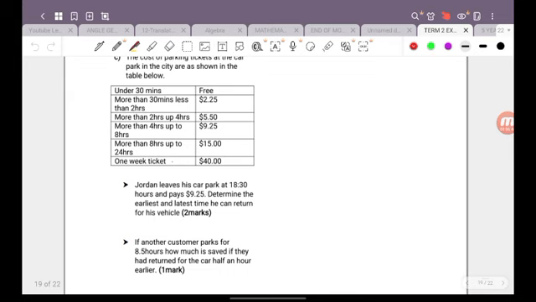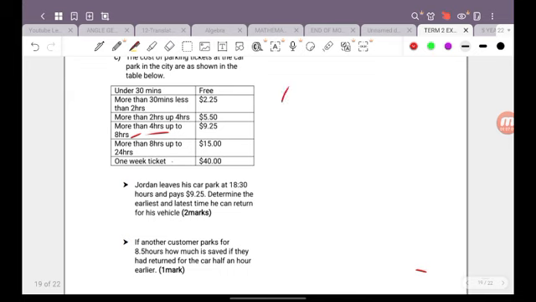Now we are to determine the earliest and the latest time he can return for his vehicle. So since we know that he paid $9.25 here, we now can confirm that Jordan can park his car for up to 4 hours and no more than 8 hours for the money that he's paid.